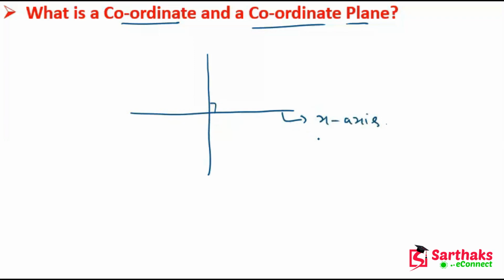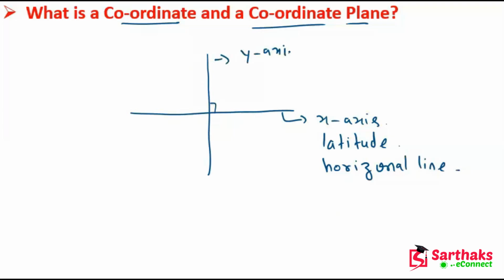This is the x-axis, and it is also called latitude, or the horizontal line. And this is the y-axis.